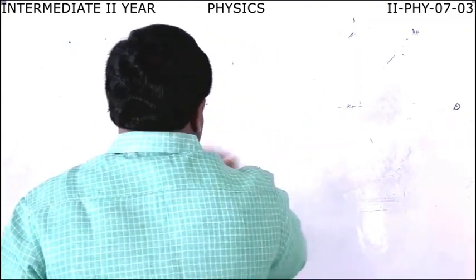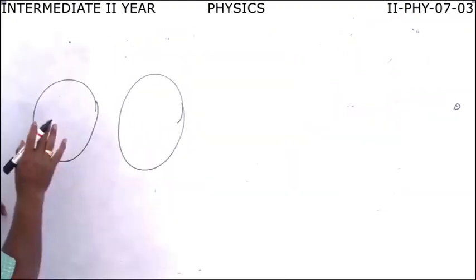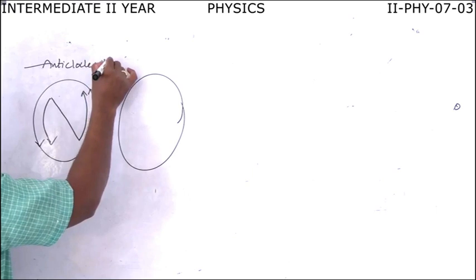Like this, if the current is going in the coil in the anti-clockwise direction, it behaves like the north pole of a bar magnet.